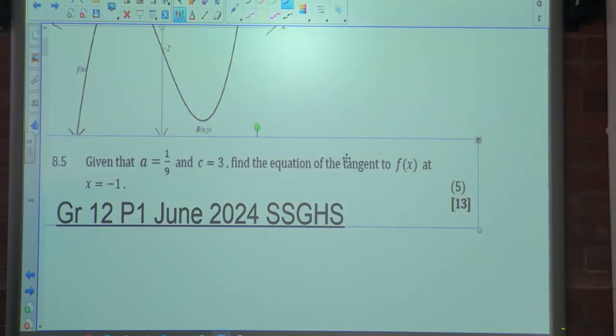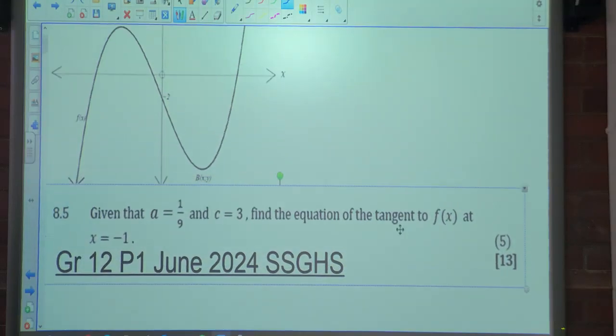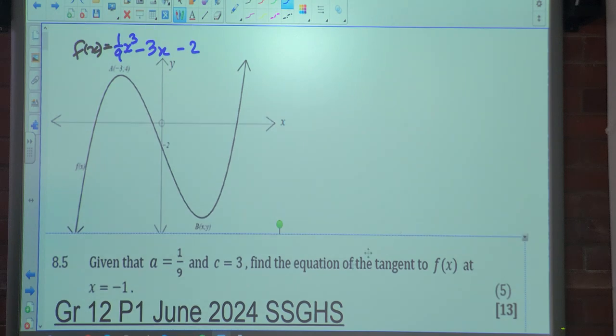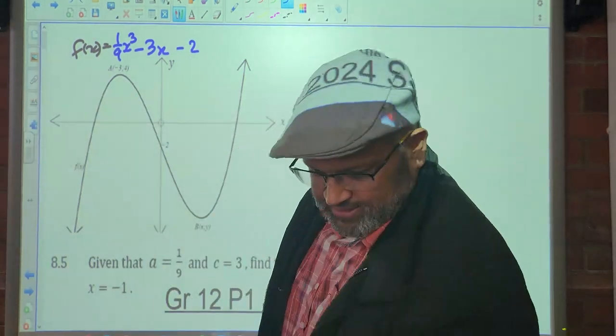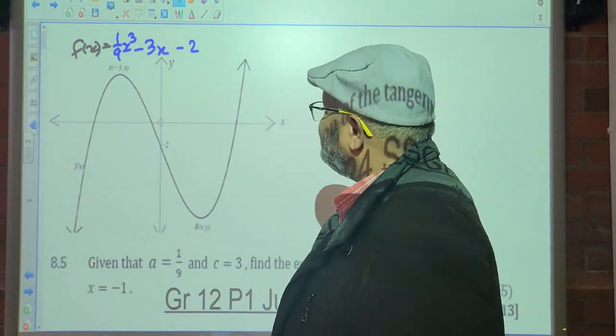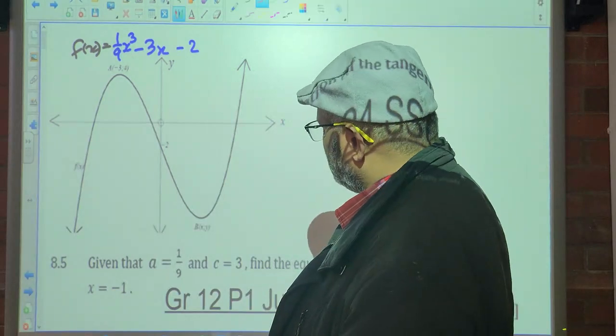In 1.5 we are given that a is equal to 1 over 9, which now confirms our answer, no? And c is equal to 3. Find the equation of the tangent at x equal to minus 1.